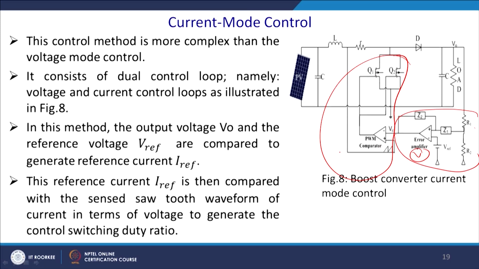In this method, the output voltage V0 and the reference voltage Vref are compared to generate the reference current Iref. The reference current Iref is then compared with the sensed sawtooth waveform current to generate the switching ratio. So, here since it will be peaky, this current is taken and compared with the actual reference.